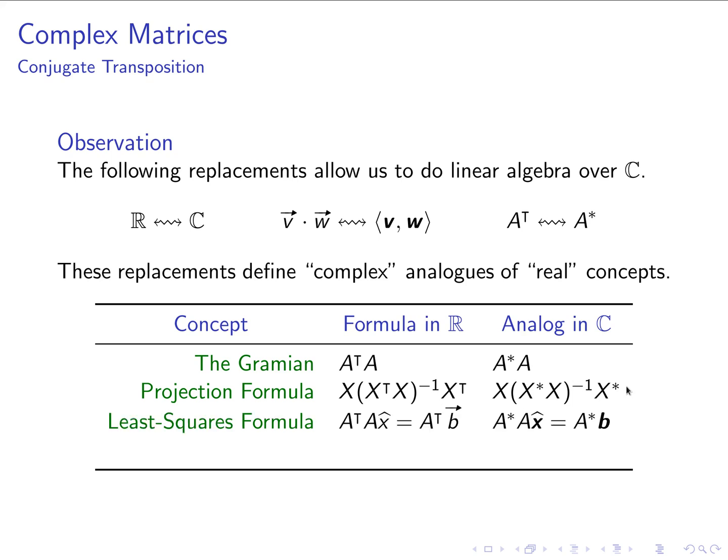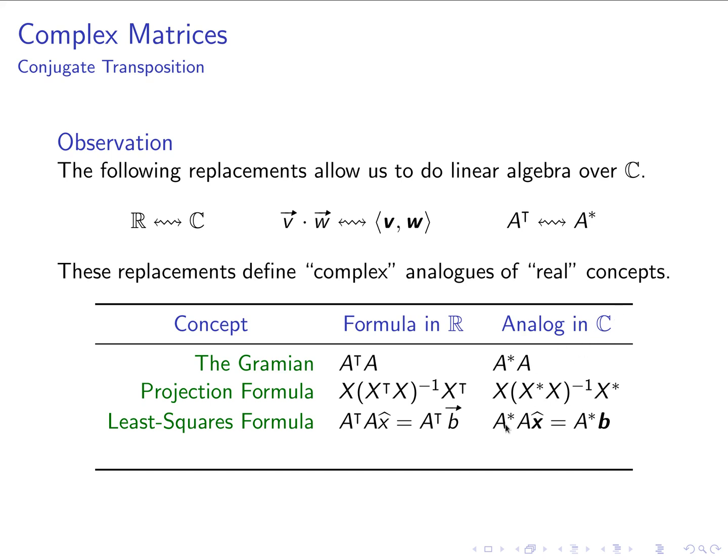Also, least squares plays the same way. The least squares formula in the world of real numbers is A transpose A x hat equals A transpose B. In the world of complex numbers, we simply replace the transpose with the conjugate transpose.